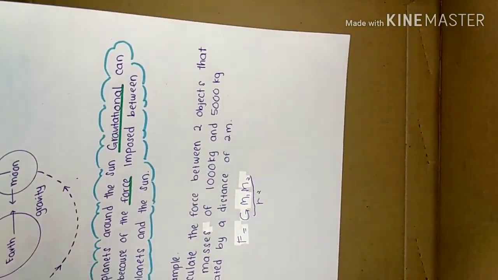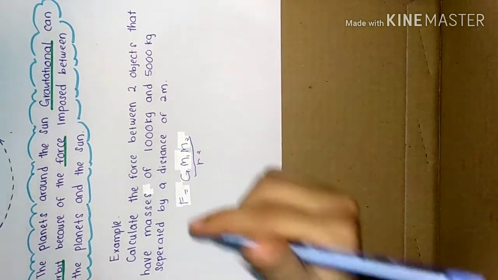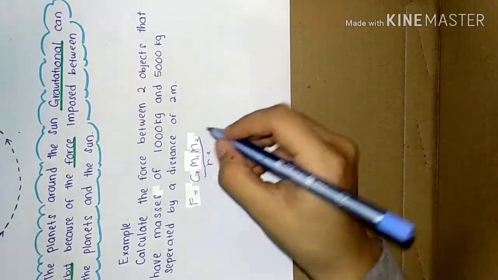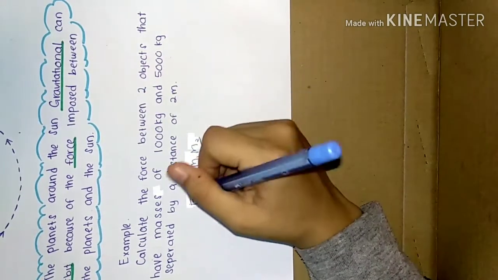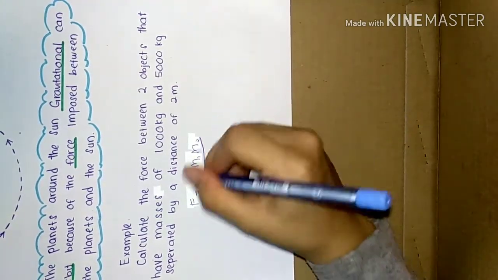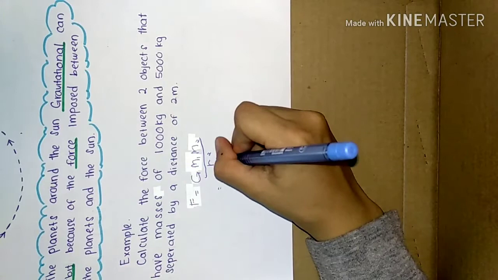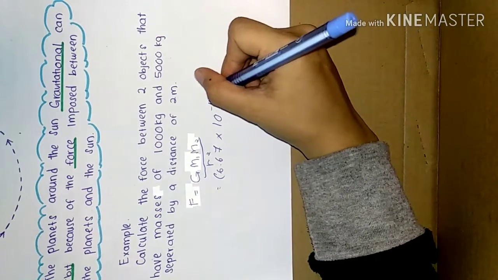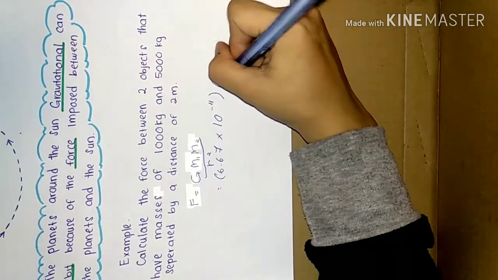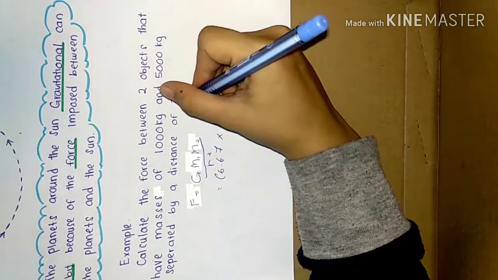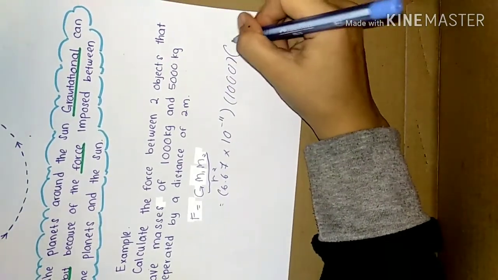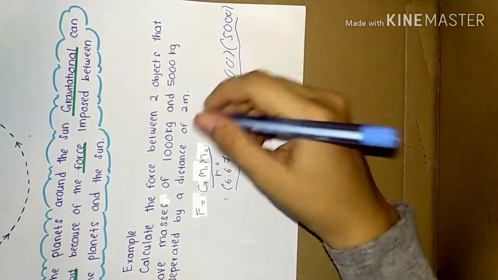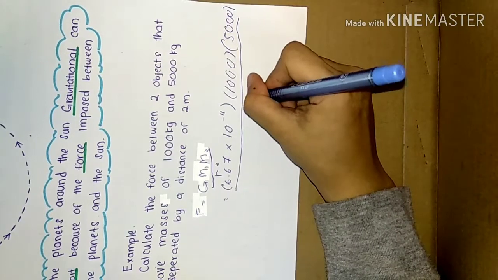Okay, so let's move the paper here. So just put the items that have been given to get the answer. So G, we have a constant number which is 6.67 times 10 to the power of negative 11, and we have mass 1 which is 1000, and we also have mass 2 which is 5000, over 2 to the power of 2.